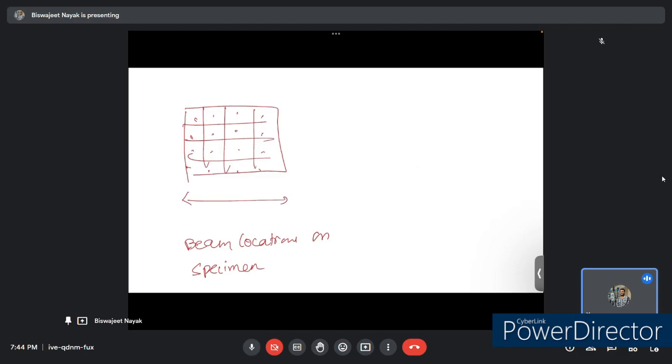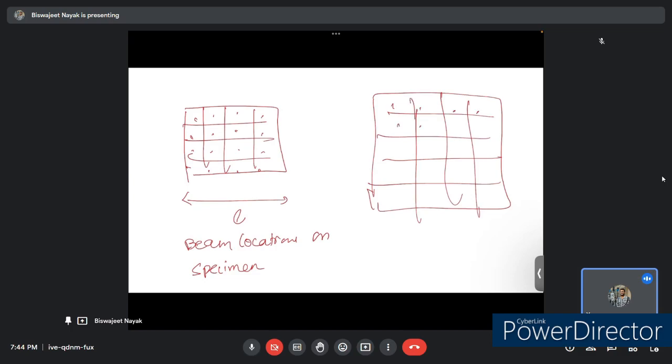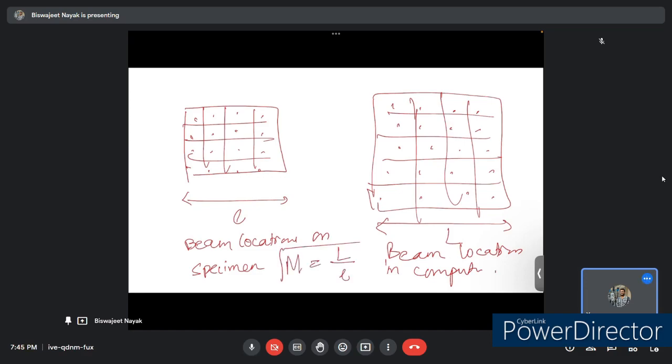Here an area with equal edge dimension on our specimen is copied onto the computer screen with a different dimension, and the way it is translated is given by the magnification, that is the ratio of each dimension of the specimen area and the display area.